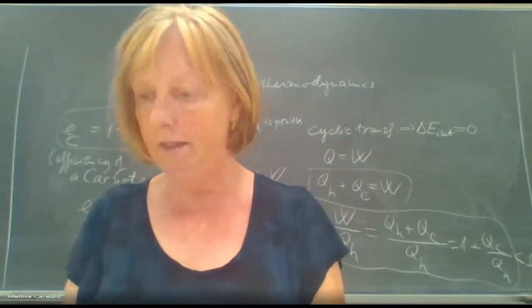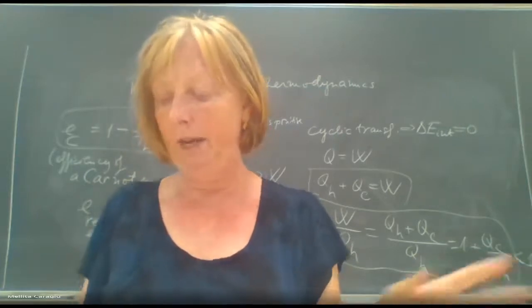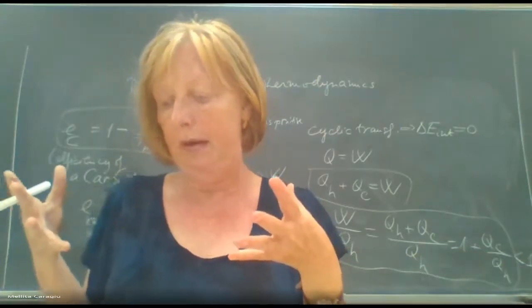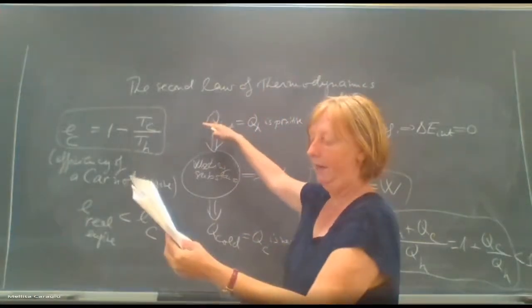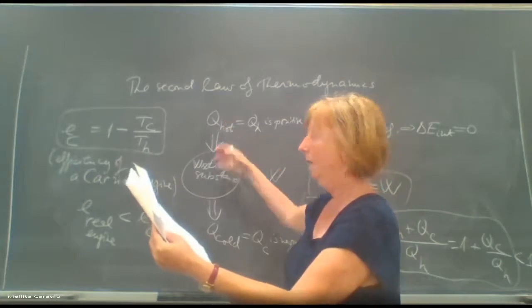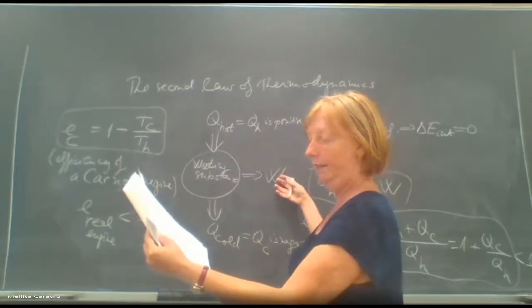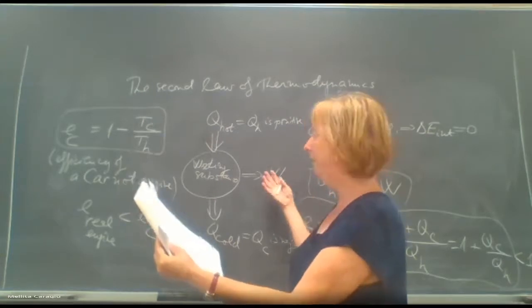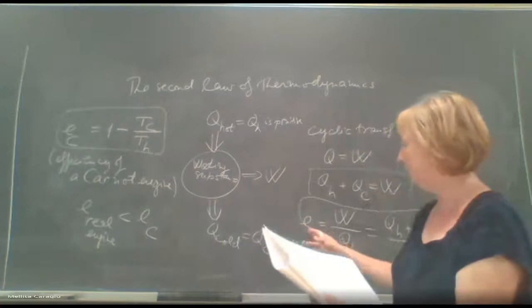Now, it doesn't say anything about Carnot. So a heat engine takes in 360 joules of energy from a hot reservoir, performs 25 joules of work in each cycle. And the question is, find the efficiency.